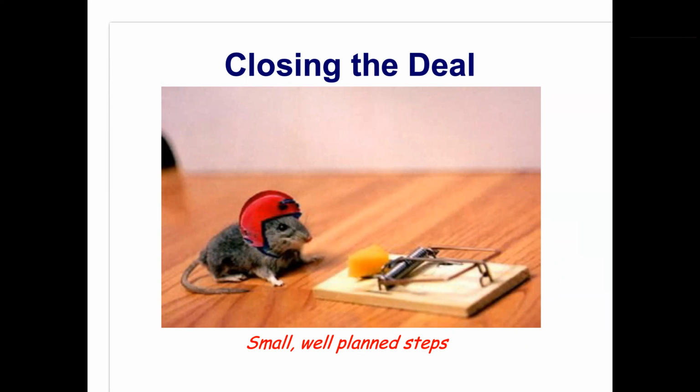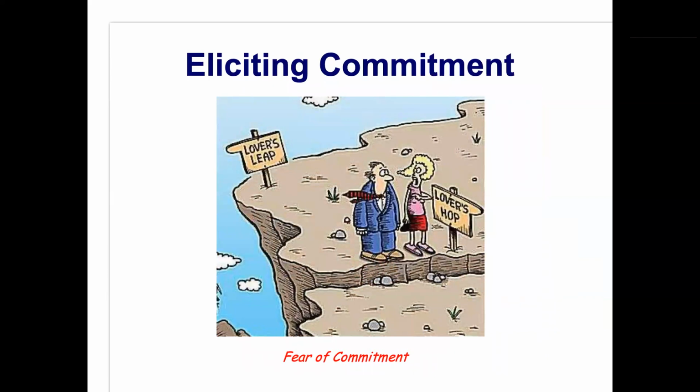In this picture, we have a mouse that's practicing harm reduction. He's not yet willing to give up the cheese. However, he is willing to wear a helmet. Negotiation and planning need to be followed by the elicitation of a clear commitment to change.